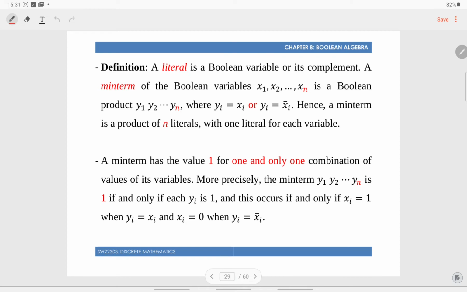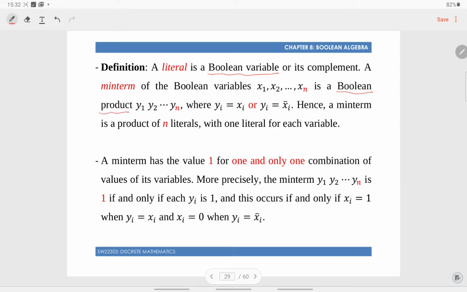Okay, so we have another definition. This time it's about two terms, literal and minterm. A literal is a Boolean variable or its complement. A minterm of the Boolean variables x1, x2 up to xn is a Boolean product. So a minterm is a product.